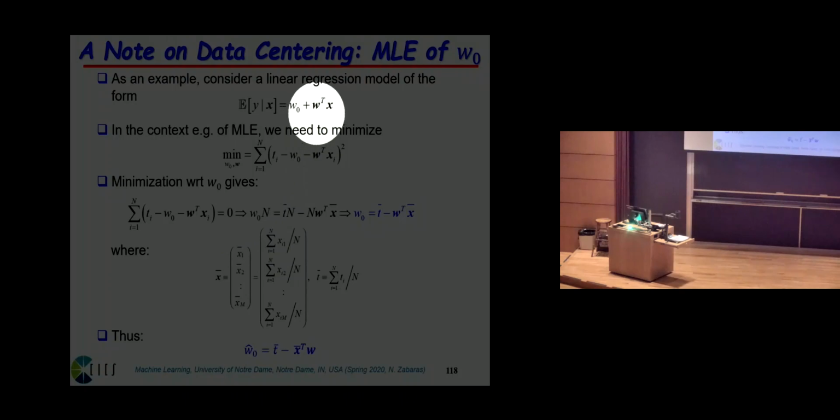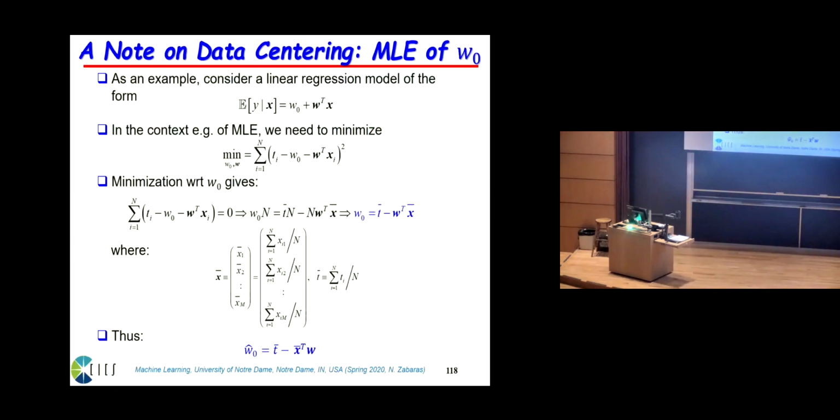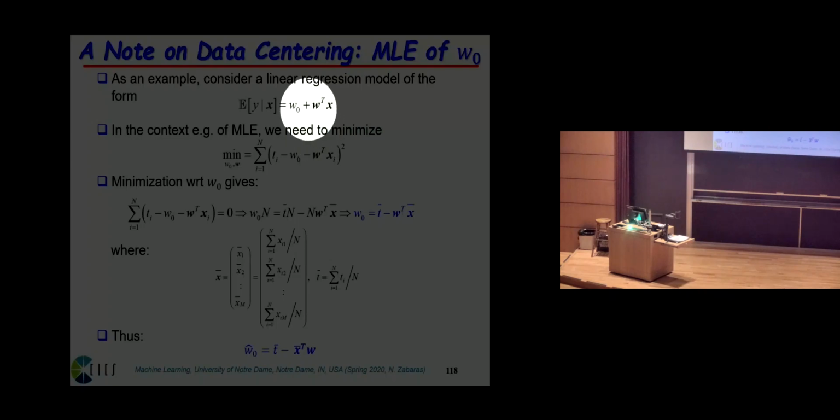Let's say you have an X, it can be a high dimensional input vector. So no basis functions here. I am writing my regression function as W0 plus W transpose X. My error function looks like this. First, if I can compute this W, which does not involve W0, then W0 will be given by this formula that we discussed before.